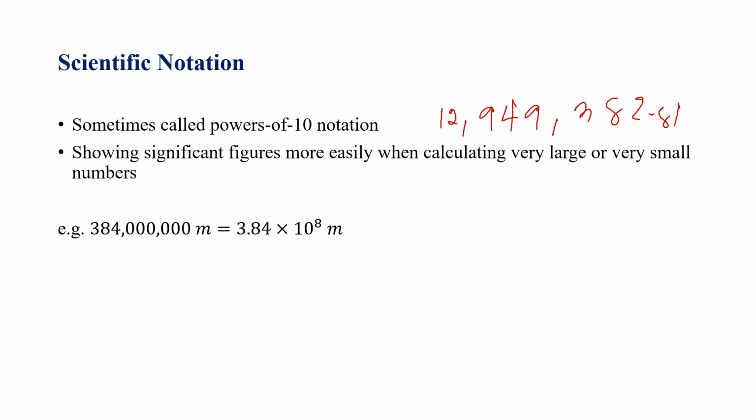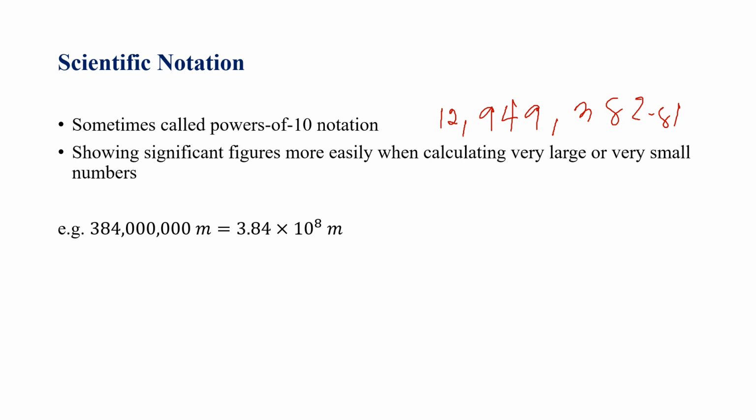However, this is a very large number and it will be very hard to resolve it. So that is why we use scientific notation to solve our problem. Now, scientific notation, which is sometimes called the powers of 10 notation, is an easier way of showing significant figures when calculating very large or very small numbers.